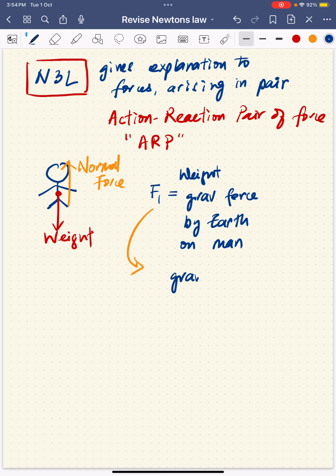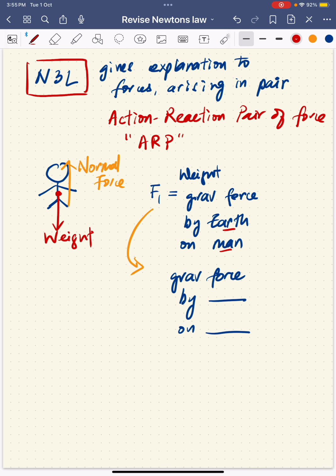So what its ARP looks like, it must also be a gravitational force, but acting by... What we can do to very easily help us identify what the other force is, is by looking at the two bodies that are interacting.